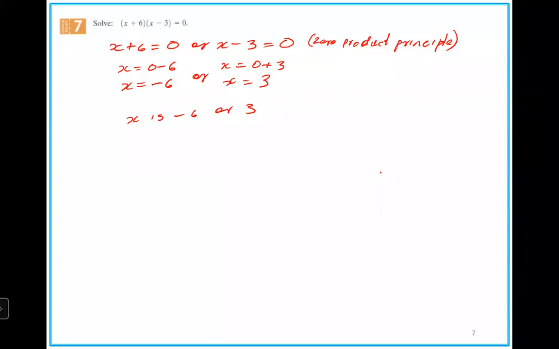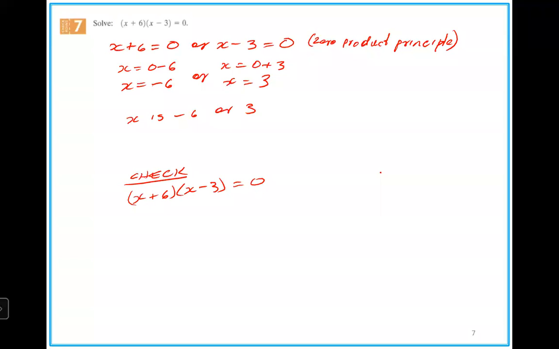Okay, and so if you want to check your answer, let me put check here. You're going to put negative 6 in place of x. So you're going to say x plus 6 times x minus 3 equals 0.